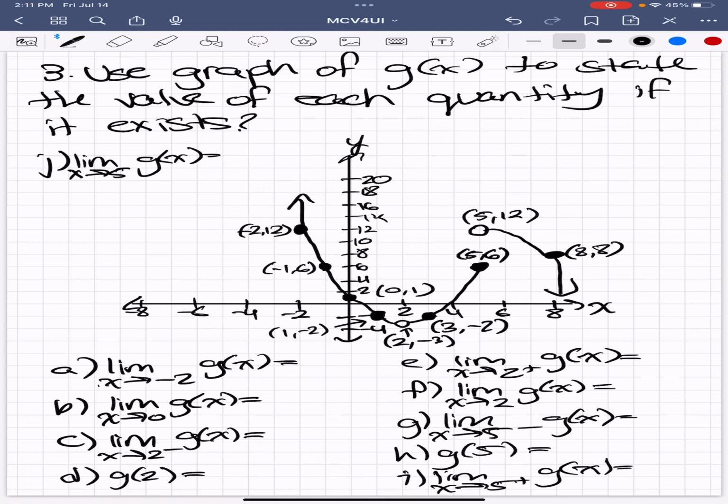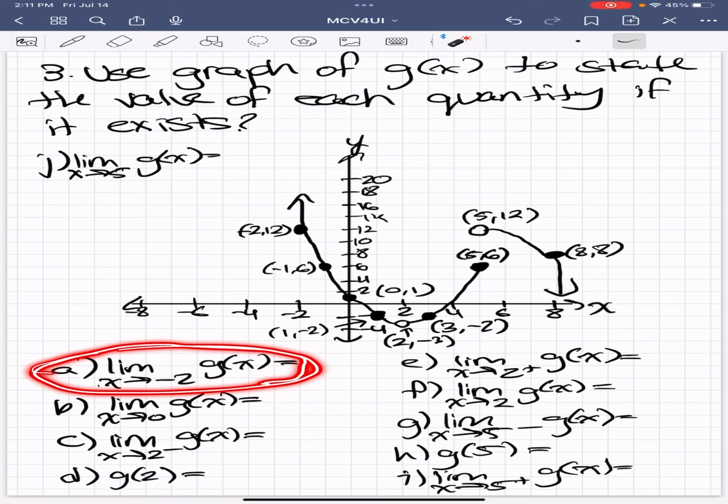So we're going to analyze this graph. Use the graph of g of x to state the value of each quantity if it exists. So we're going to go through these questions and analyze what is the limit. So as x approaches negative 2 of g of x, what is the y value?